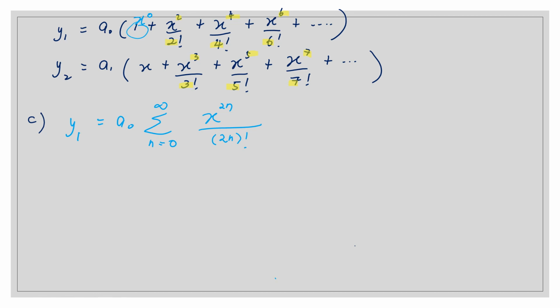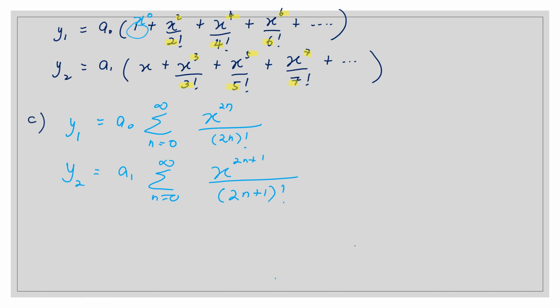Same goes for y2, because all of this is in odd numbers. For odd numbers usually we write 2n plus 1. So we write the power as x to the 2n plus 1, and because the factorial also is odd, we write it as 2n plus 1 factorial.